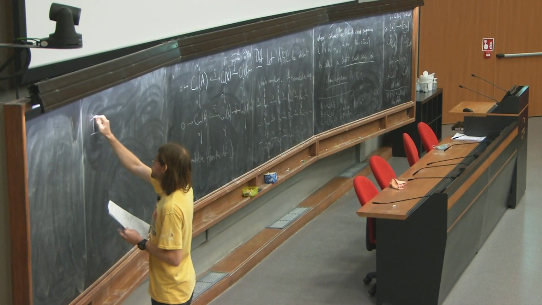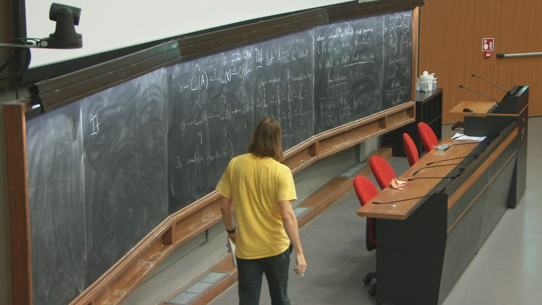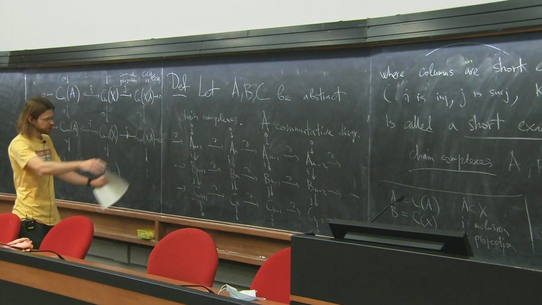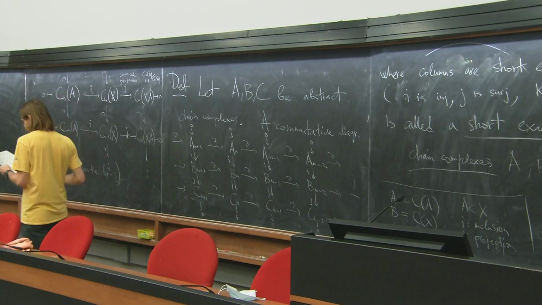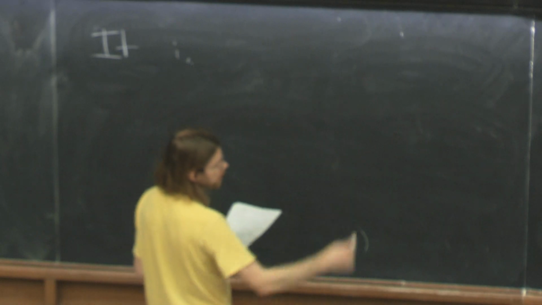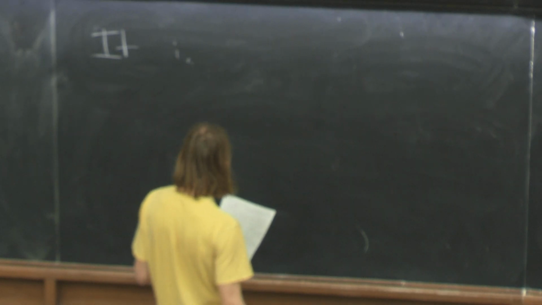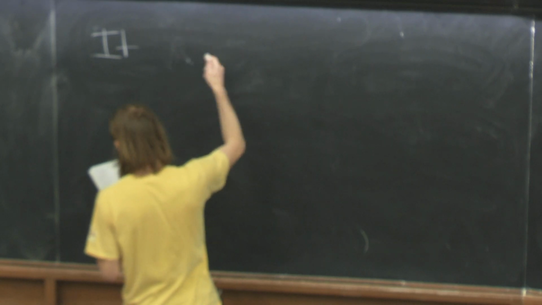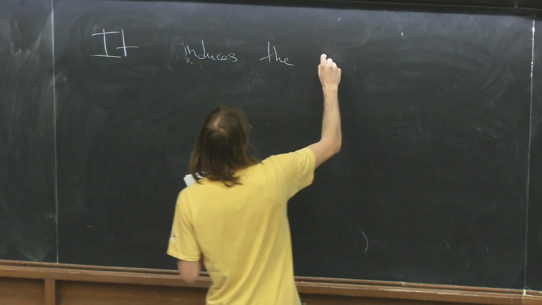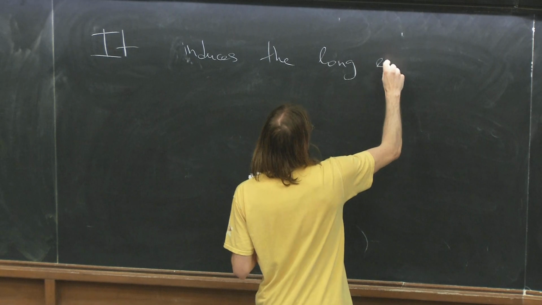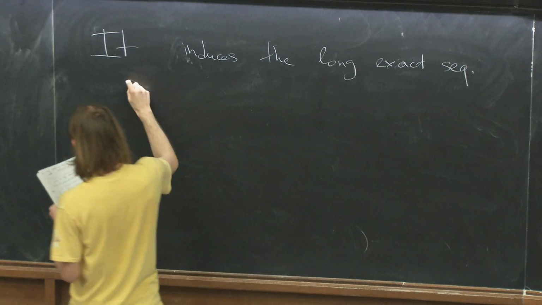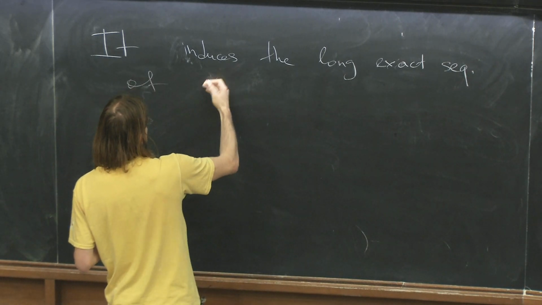We'll show that if you start with this triple of chain complexes, which can fit in this huge commutative diagram, which we call a short exact sequence of chain complexes, then it induces the long exact sequence of the homology groups.